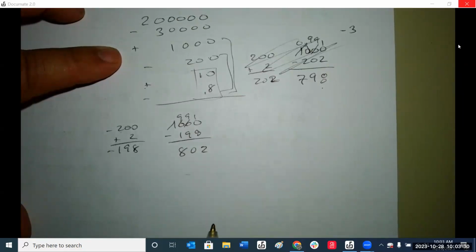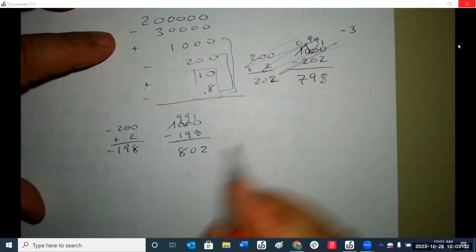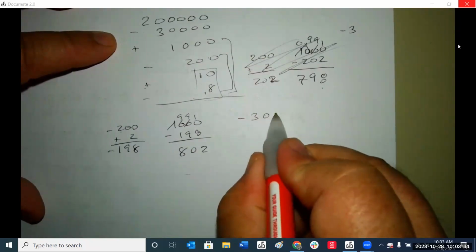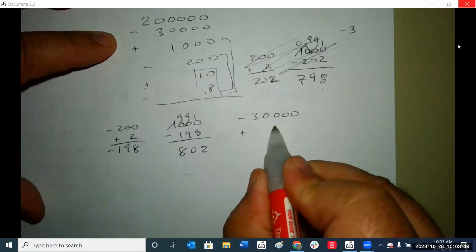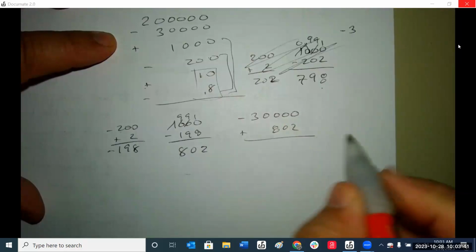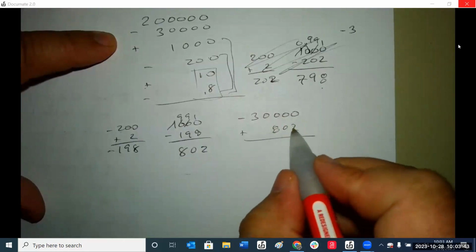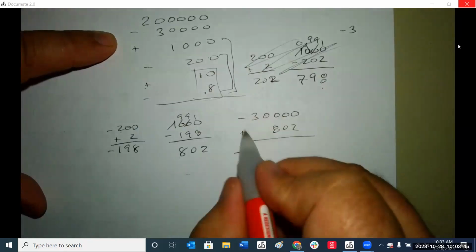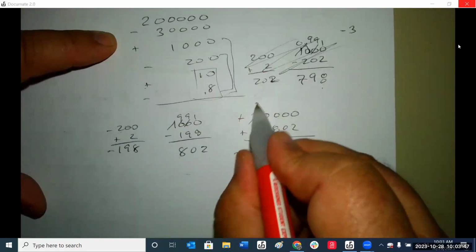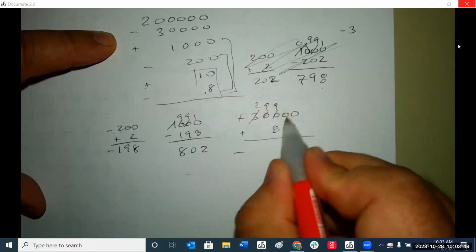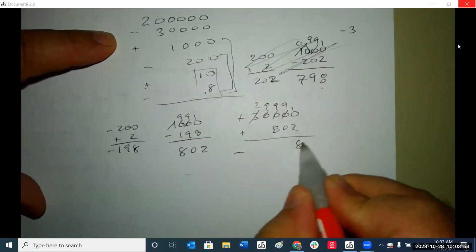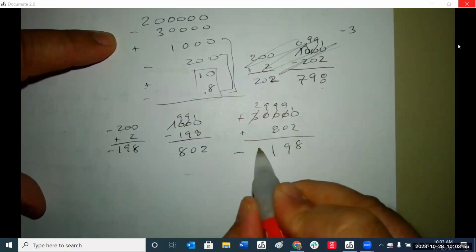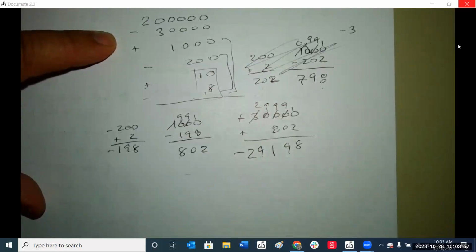208. It's positive. Then we take a negative 30,000 and add 802. Again, the answers will be negative, so we subtract them. 9,192.